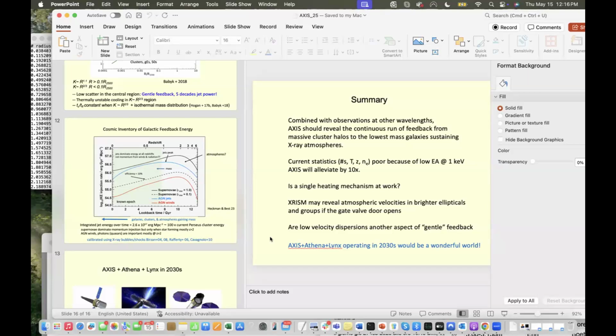But the direct stuff that we get from Axis will be mapping outflows and measuring total powers and so on.